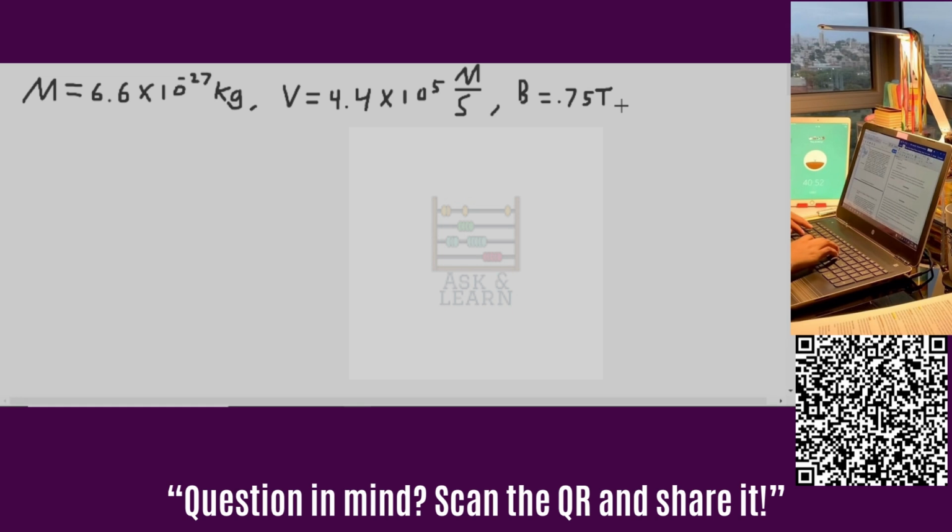And lastly, we're given a radius. This mass is traveling in a circle, so we are given a radius, little r, equal to 0.012 meters, also SI units. We don't need to change anything right off the bat.